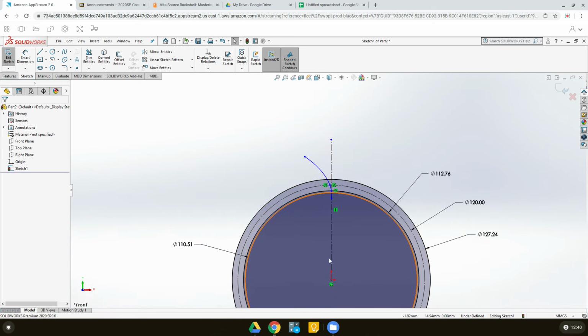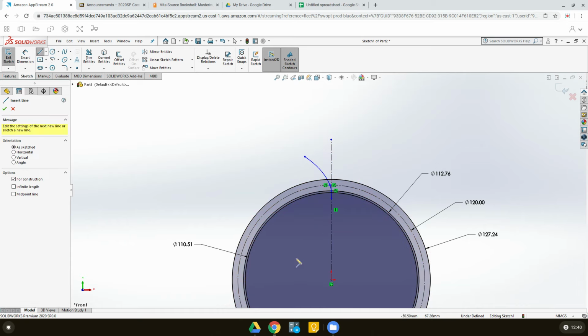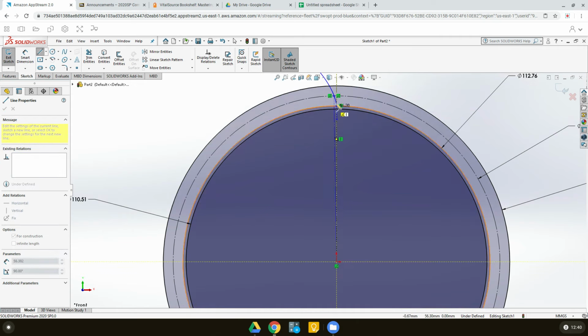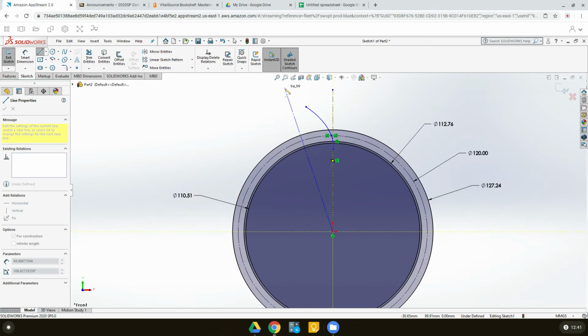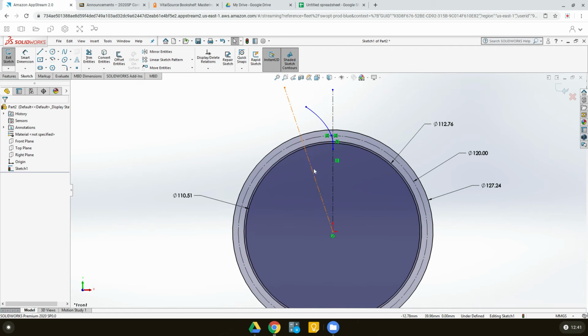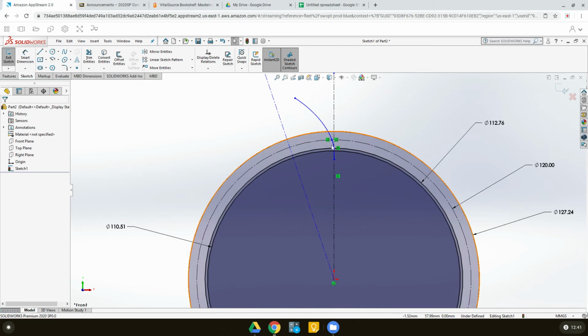Now we need to draw a construction line from the origin, and I'm just going to draw a line like this. And that line should pass through the point that we created.